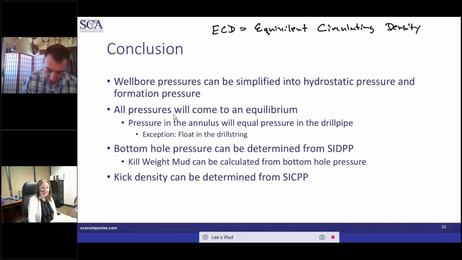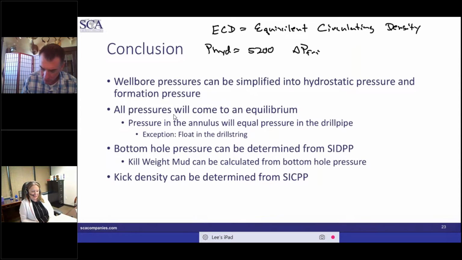So if I had my hydrostatic pressure equals 5,200 psi, and delta P friction, this would be our pressure loss due to pumping. Basically, there's friction losses to move the mud, and we talk about this for quite a bit in the course. Let's say that's 800 psi.